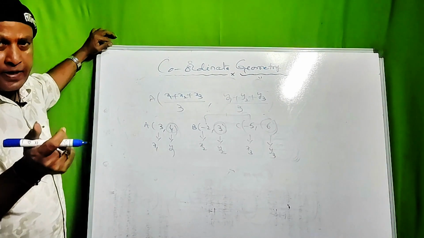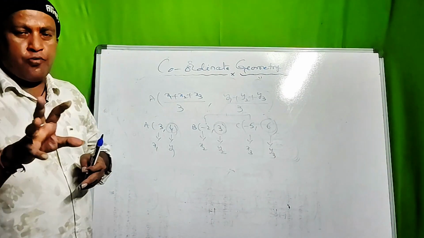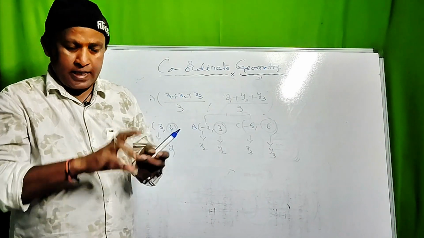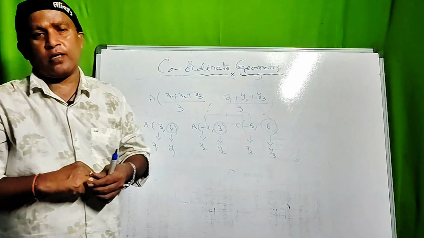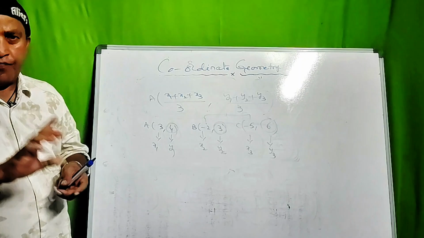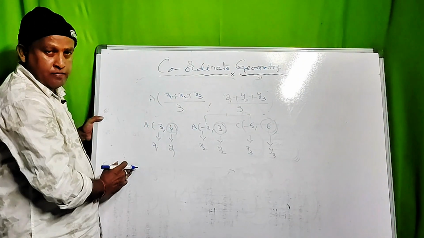Once you know the concept and formulas, you can do any kind of question. Just application of formulas, nothing but solving questions. No need to fear. Well, first replace the values.